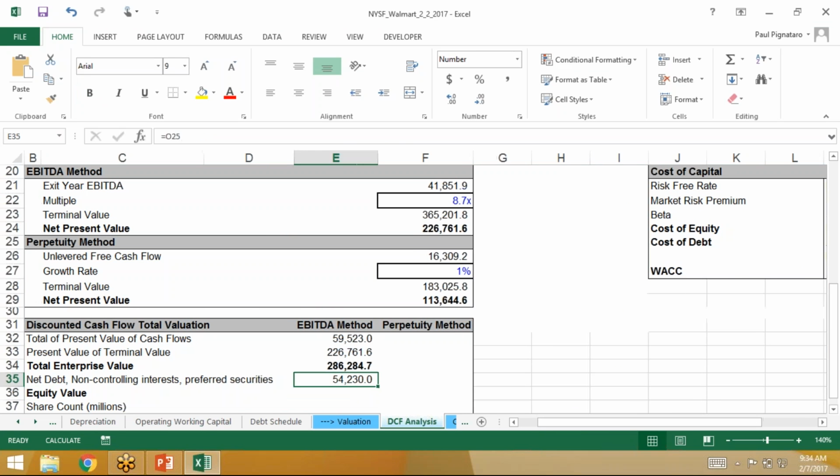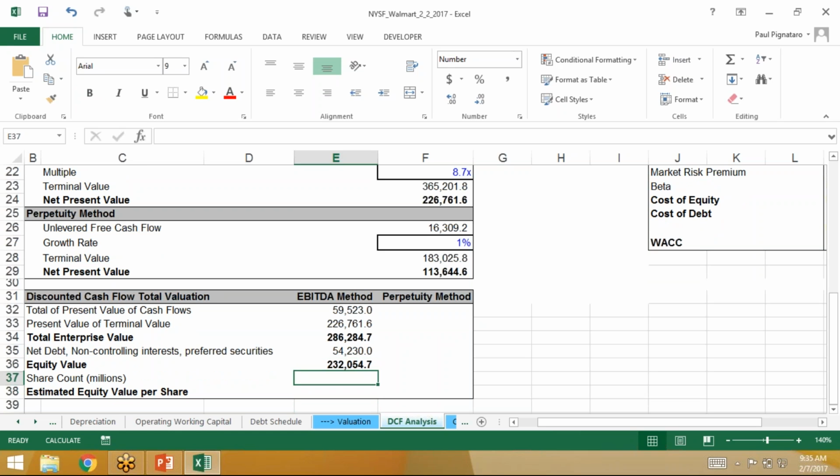Otherwise, I'd be calculating it again, which risks error. And in equity value, we subtract. Okay? Good?